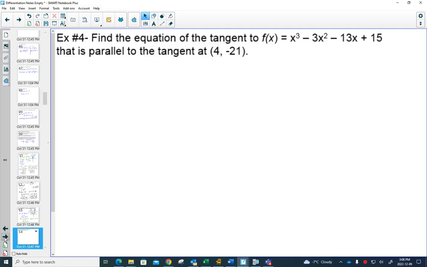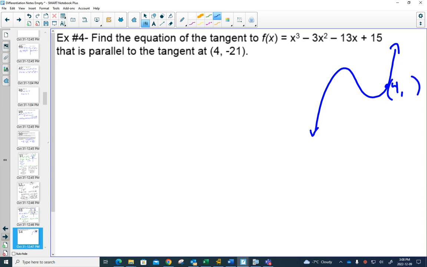Can you visualize that graph? Sort of, from grade 12 pre-calculus. It would be an x cubed graph with end behavior like that. Somewhere on this graph, x is equal to 4. Right? And yeah, at 4, negative 21, it tells us.